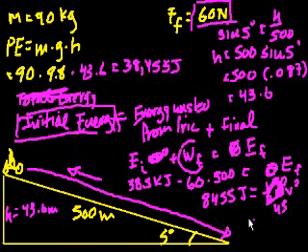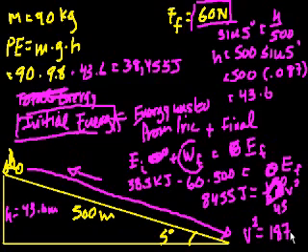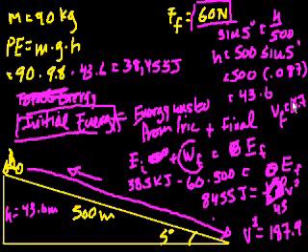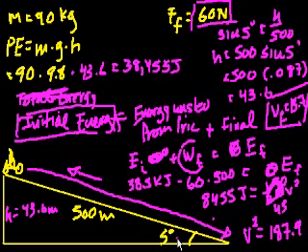So 8,500 divided by 45, we get v squared is equal to 187.9. And let's take the square root of that, and we get the velocity, 13.7. So the final velocity is 13.7 meters per second.